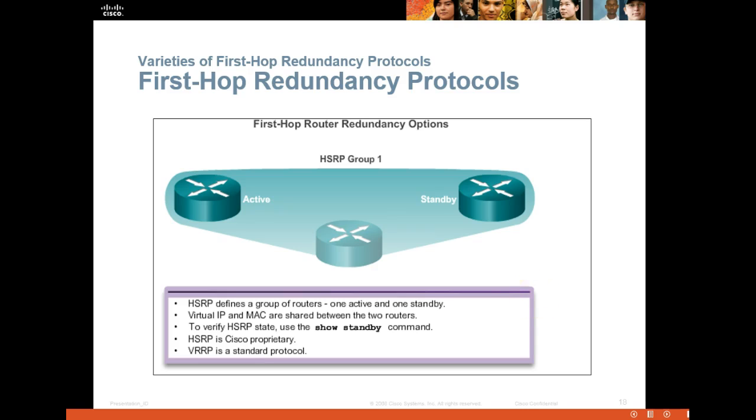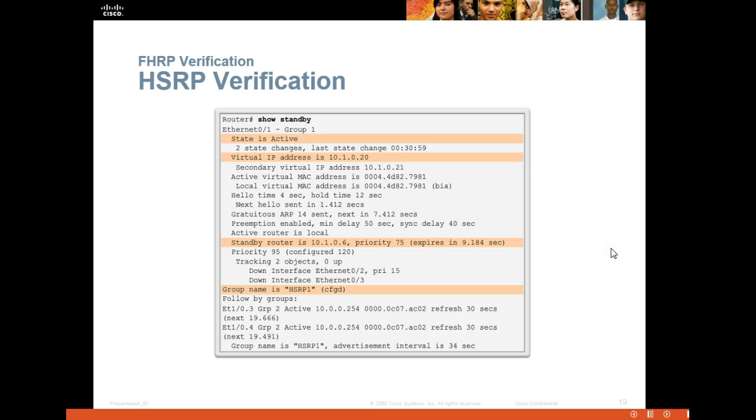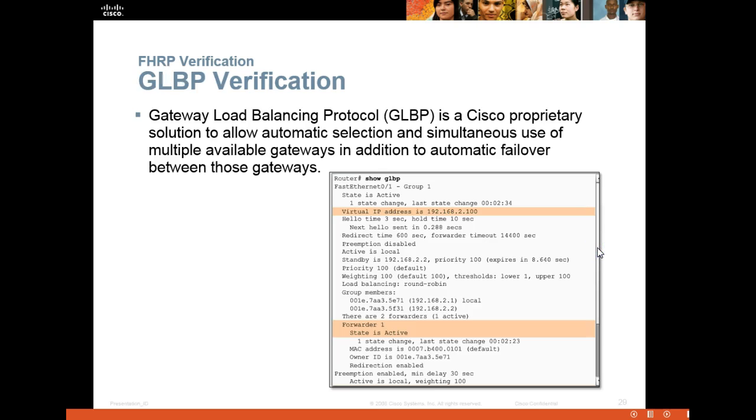And when that happens, it looks on the network like it's going out there the whole time. So in the show standby, we see there's a virtual IP address of 10.1.0.20, and the standby router is 10.1.0.6. That's the physical IP address. All right. We have a secondary virtual IP address of 21, etc., but we'll configure those in the lab.